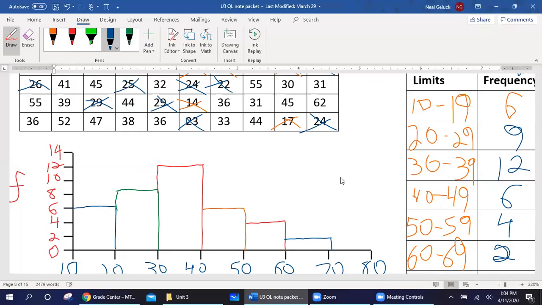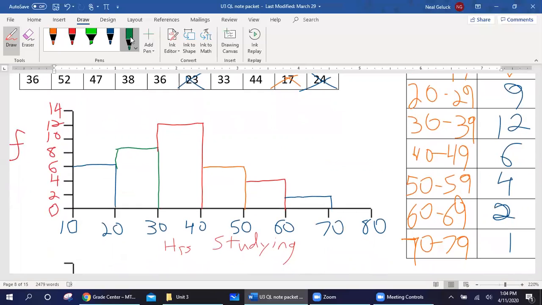And for the final class, only had 1 value in it. So 1. I'll make that actually a little smaller. Something kind of like that. So that's all the histogram is, just a bar that's at the height of the frequency.